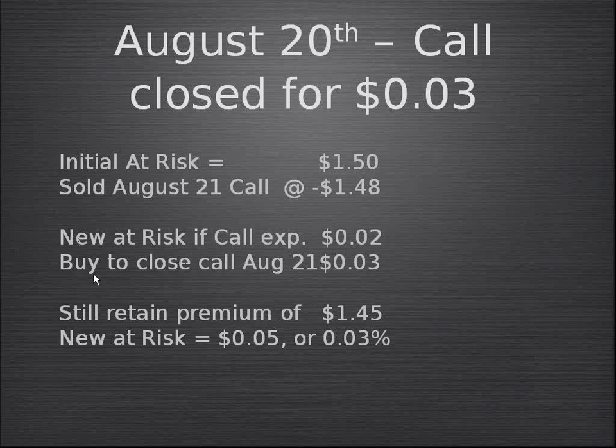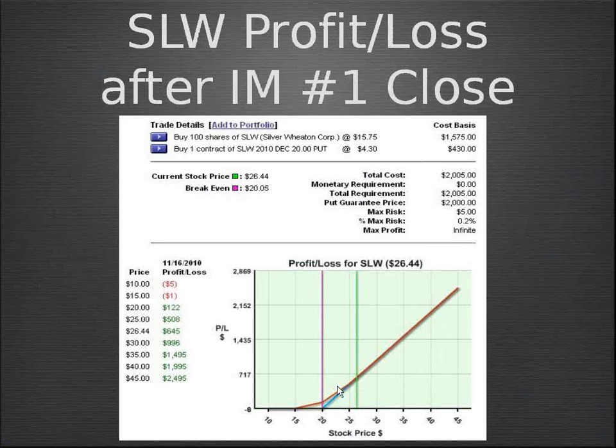So we actually ended up having to buy to close the August call for about 3 cents. Remember, we sold the call for $1.48, we bought it back for 3 cents, so we still keep $1.45. So now we're down to a risk of a nickel, 5 cents per 100 shares, or 0.3%.